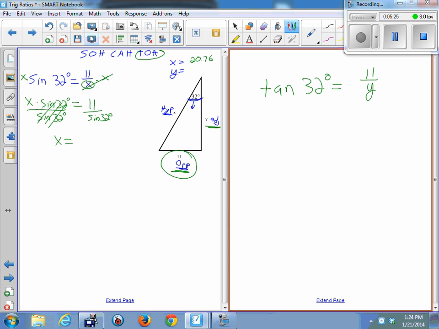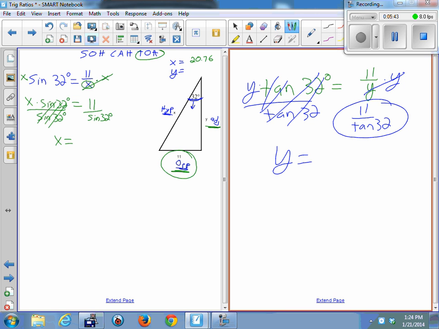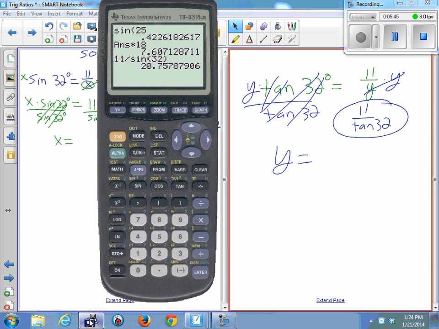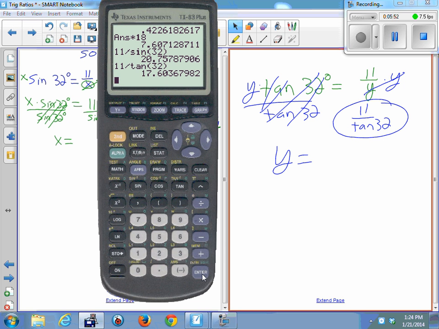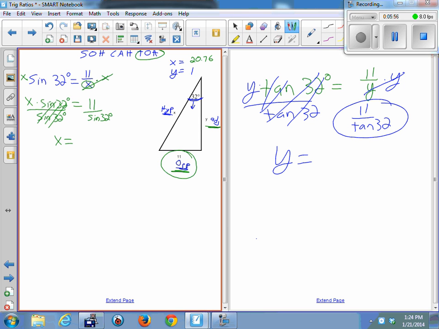So we multiply both sides by y again. These cancel, and then we divide by tangent of 32. So y equals 11 over tangent of 32. And you can do in your calculator 11 divided by the tangent of 32. All right, and 17.60. So in this case, y is 17.60.